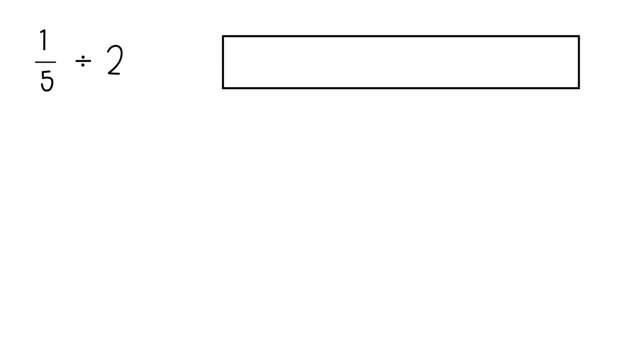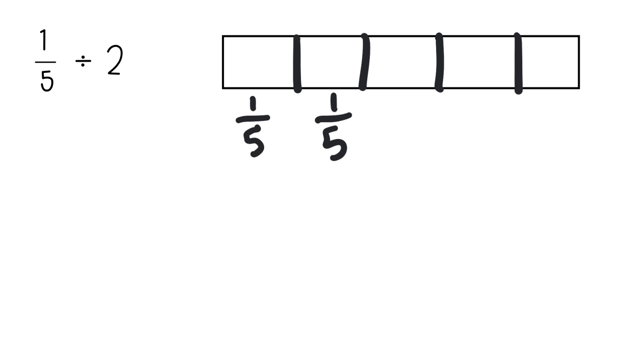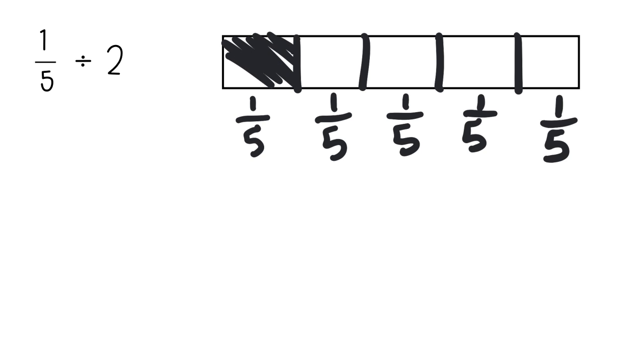Let's start with our whole. I drew my whole. Now I need to represent 1/5. So I'm going to need 5 equal pieces. 1/5, 1/5, 1/5, 1/5, 1/5. So 1/5 of this is right here.